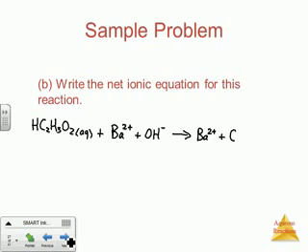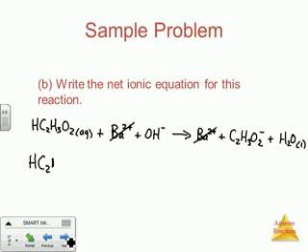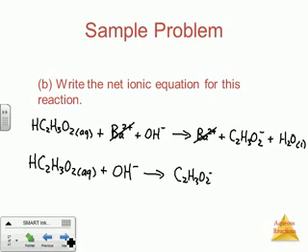Then we are going to split that apart, C2H3O2 minus, plus the water stays together because that's a liquid. So the only spectator that we can cross out here is the barium 2 plus. Everything else has to stay. So then we're going to write our net ionic this way: HC2H3O2 aqueous plus the OH minus gives us C2H3O2 minus plus H2O.